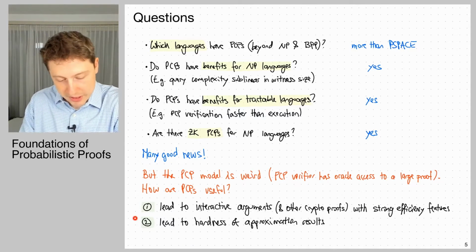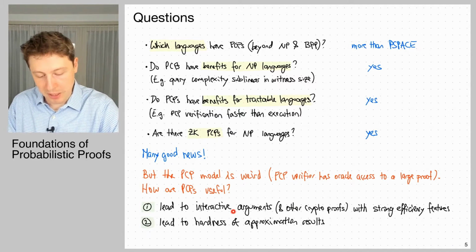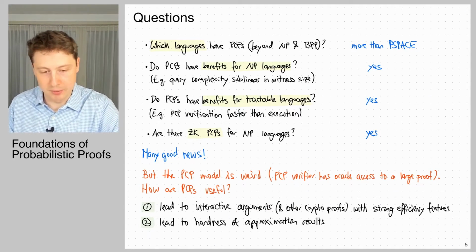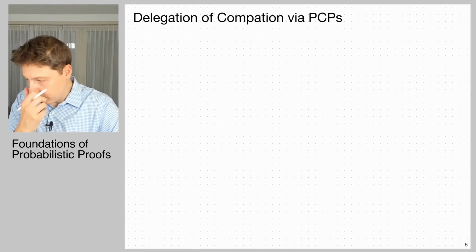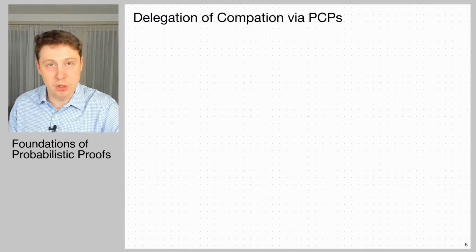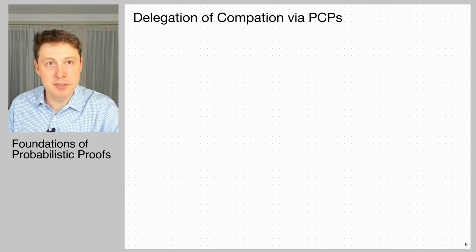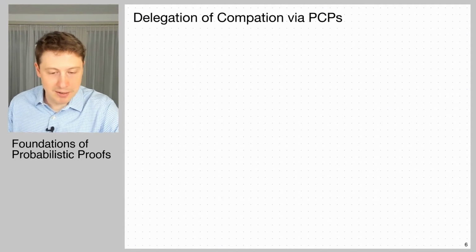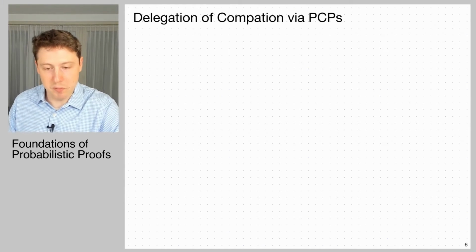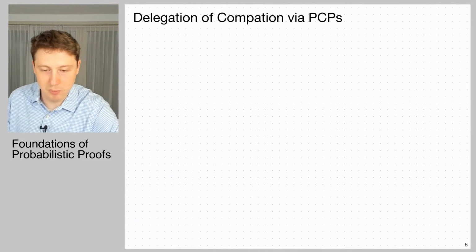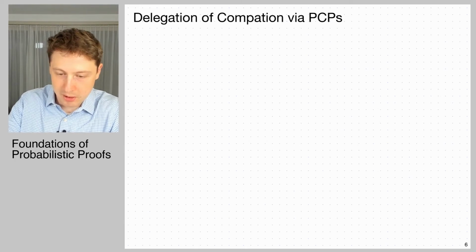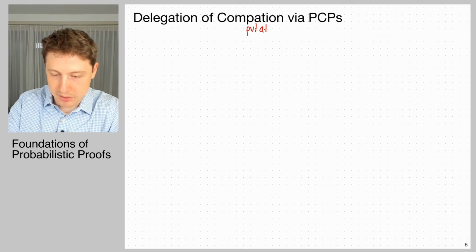So to justify that, let me talk about this application. And to talk about that application, I want to mention a seminal result in the theory of PCPs that doesn't really have a name as a theorem. I like to call it delegation of computation via PCPs.